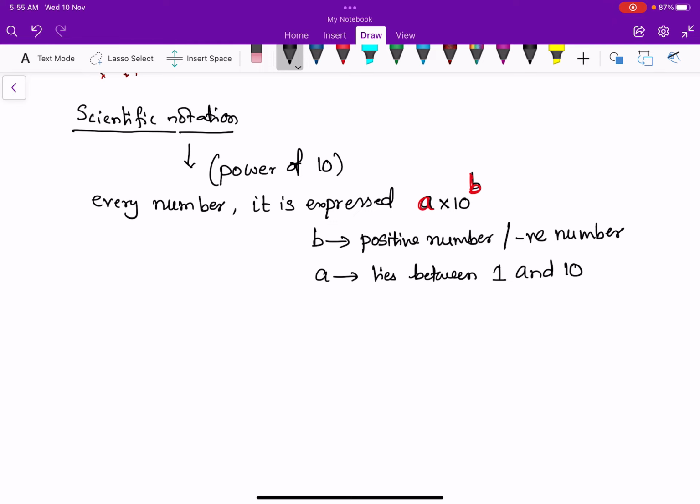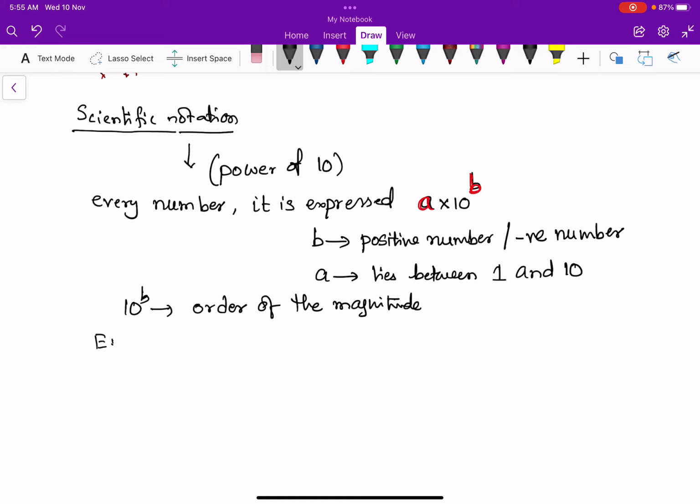The 10 power b here is called the order of magnitude. Next, we shall see that simple logic.